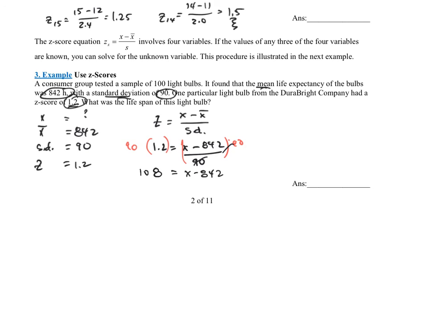Now I need to add 842 to both sides of the equation. When I do that, I'm getting x equals 108 plus 842, which is 950. So how long did this last? It lasted 950 hours. If it had a z-score of 1.2, it lasted 950 hours. So with the exact same equation, we have 4 variables. If I give you any 3 of those variables, you should be able to find the 4th variable.